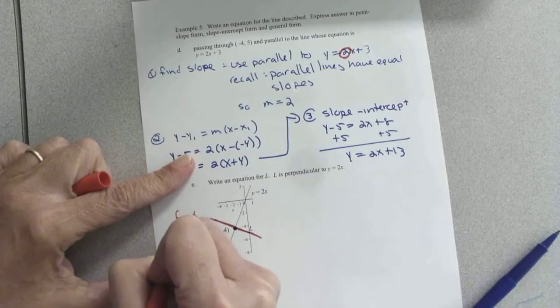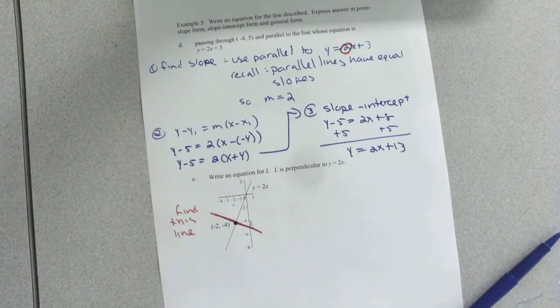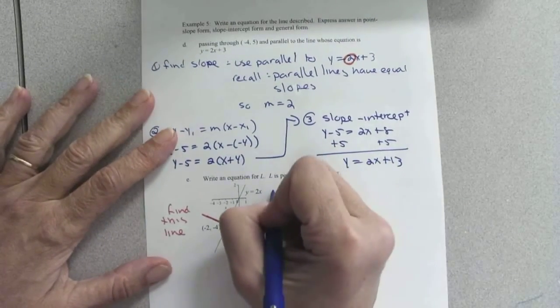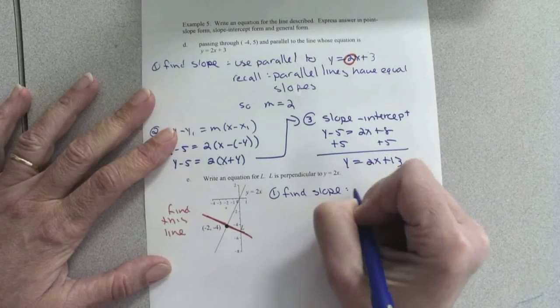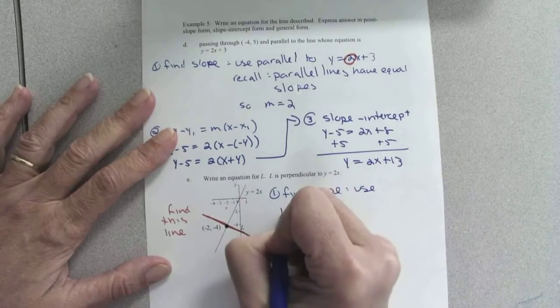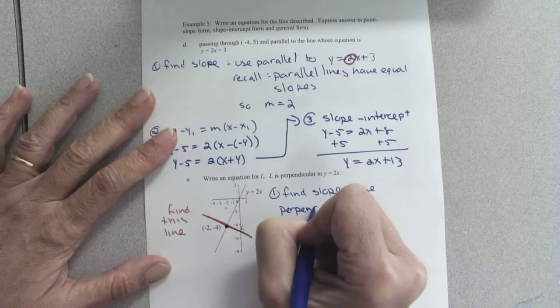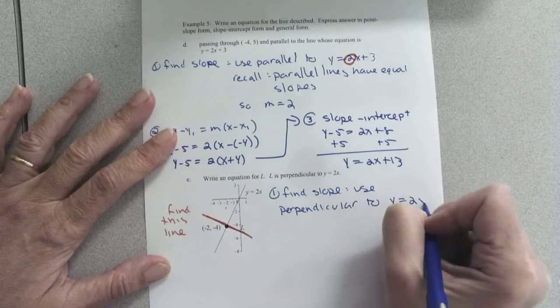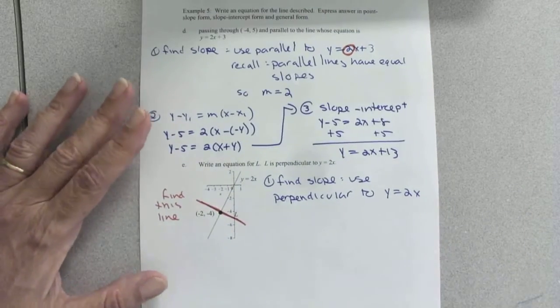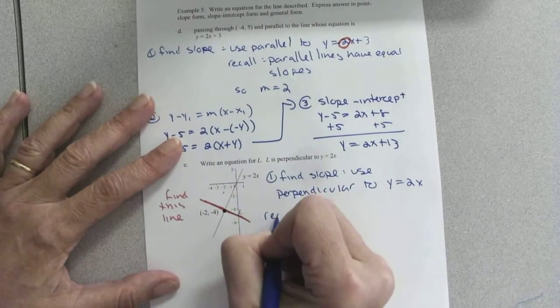Find this line. Okay, same basic steps. Got to find the slope. Here we're going to use that we are perpendicular to y equals 2x. So we go back to the fact that we had a while back.